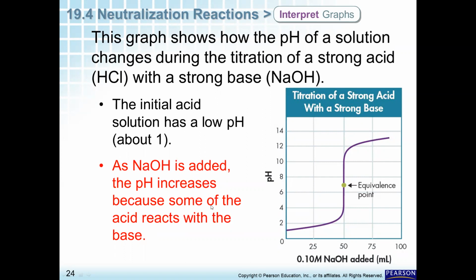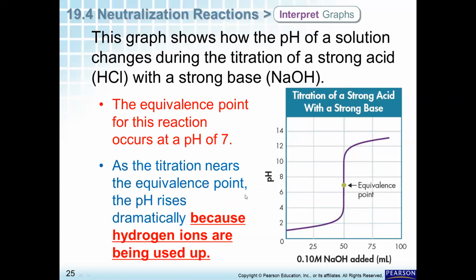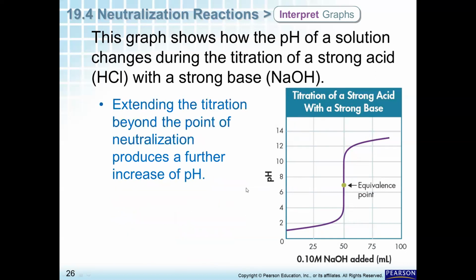As we add this, the pH is increasing, as you can see. And then there will be a drastic change, a sharp change in the pH, because the hydrogen ions are being used up, almost finished. So we're going to see a sharp change. Now, if we continue adding more base, of course, if we want to do calculation, you have to stop at this green point here.